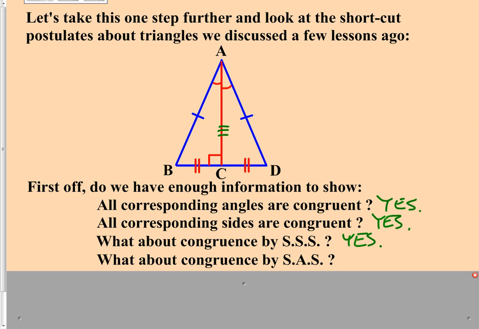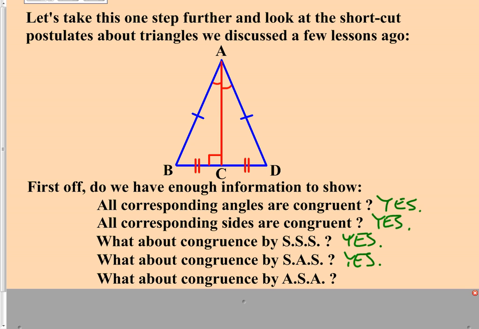So we could pick on this guy up near vertex A. We have a set of sides congruent, then we have an angle that is congruent, then we have another set of sides. So you have side, angle, side. We actually could do that on any of the angles or any of the sides and angles for side, angle, side in this particular picture. I just happened to use the one up at the top.